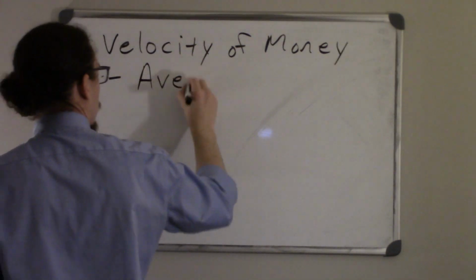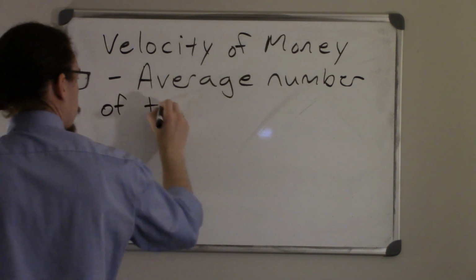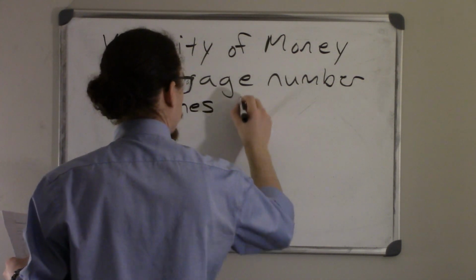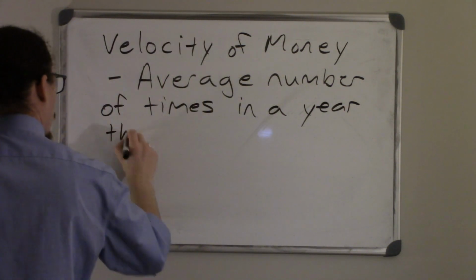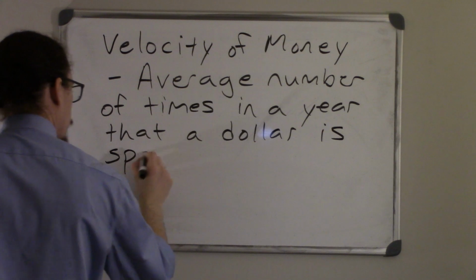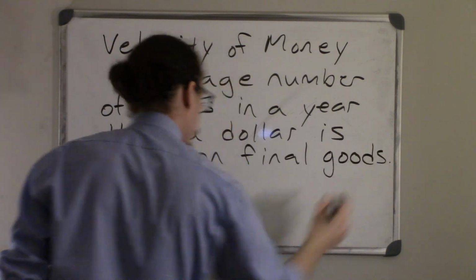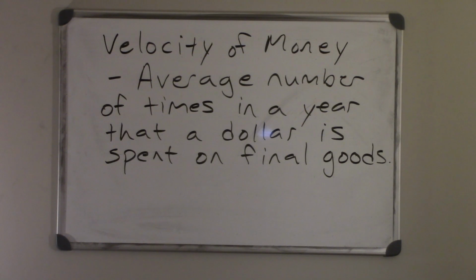So again, this is the average number of times in a year that a dollar is spent on final goods. So there is our definition.